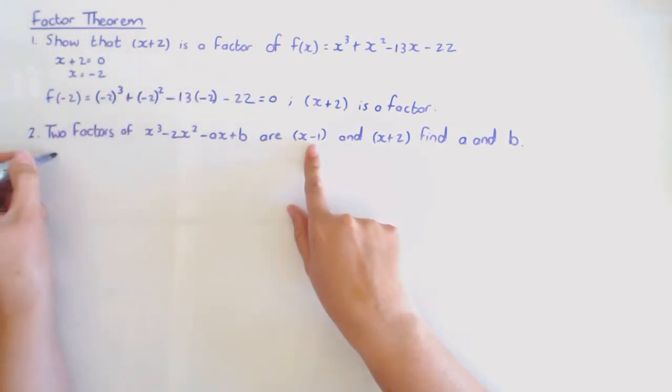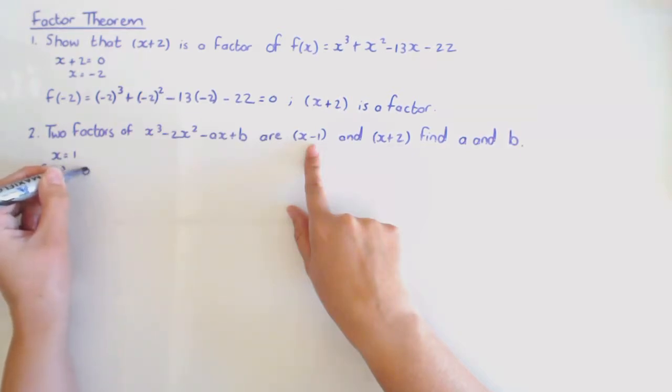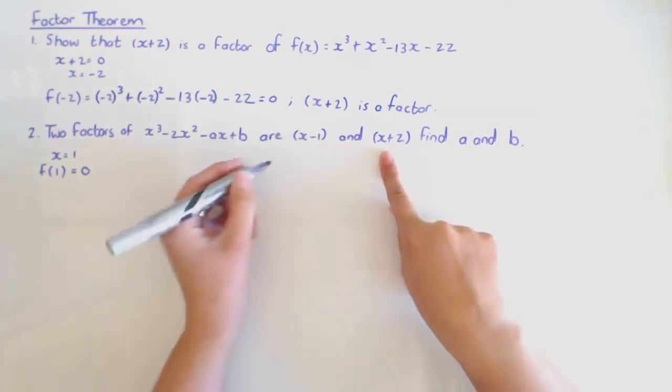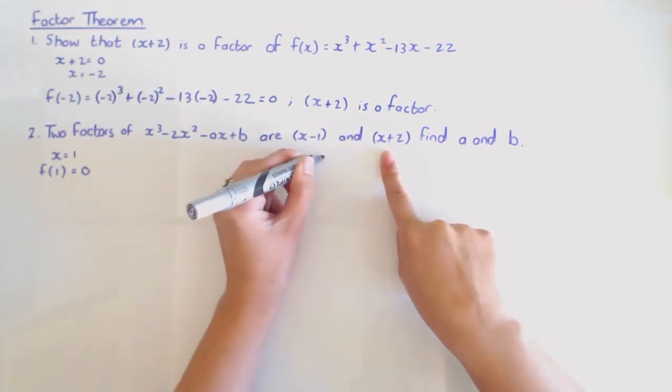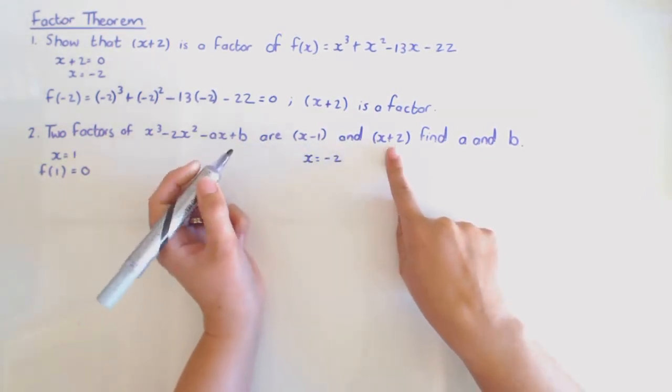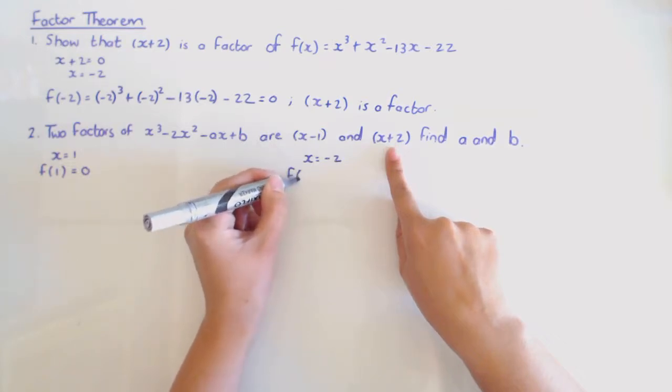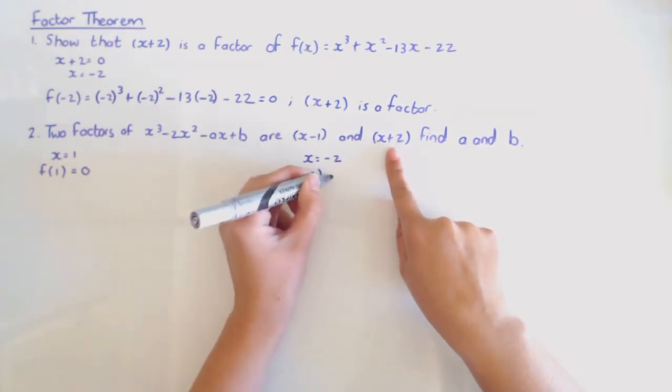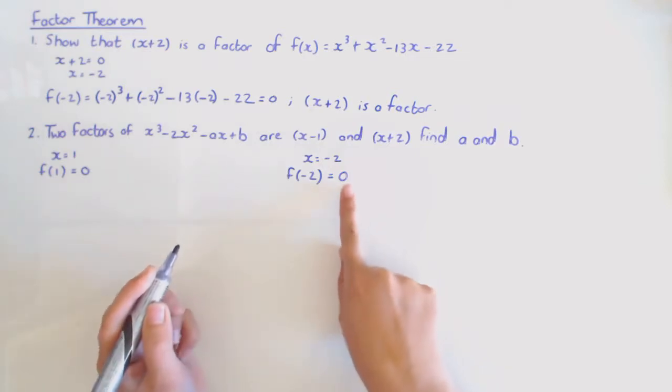And also if I substitute x equals -2 from this bracket into my function, I should get the remainder 0.